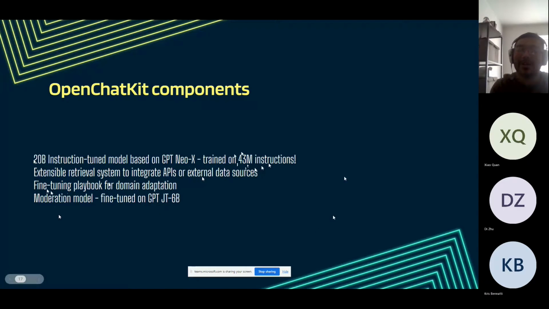While you are using the OpenChatKit, you can send queries. The moderation model can sit in front of this model, and then it can say whether this is an appropriate request or whether the model needs to say no, or whether there is toxic content and so on.